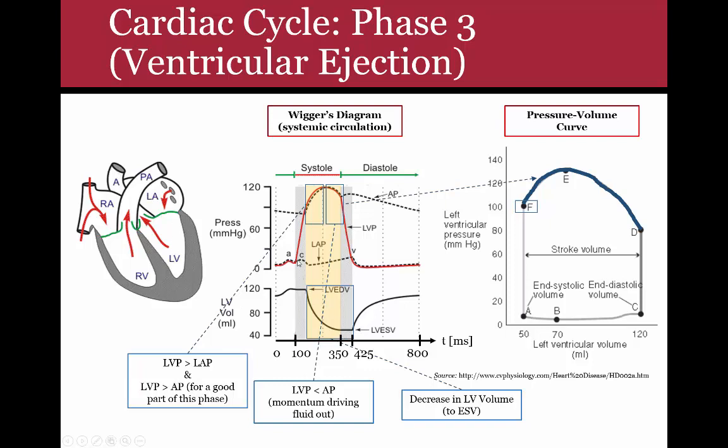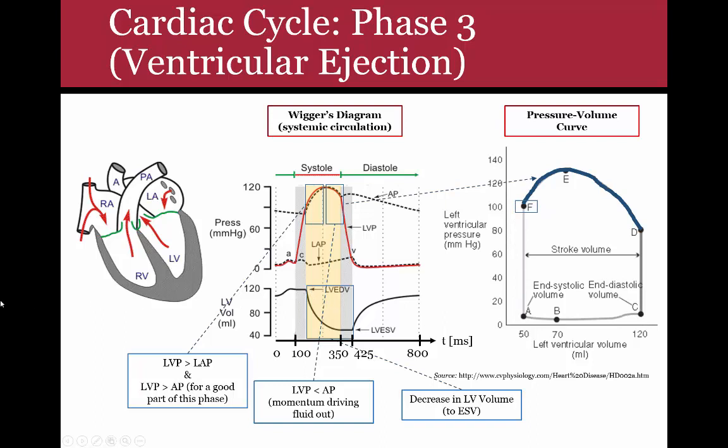Again, mapping the red line with this black line at the bottom here, you'll find that you're going from D to F. So you do have an increase in pressure, obviously, and then you're also now ejecting the volume from 120 to 50 milliliters in this case. So that's where you end up down here. And the point F here is the end systolic volume. That's right here. And the end diastolic volume is sitting at C. That's the one up here.